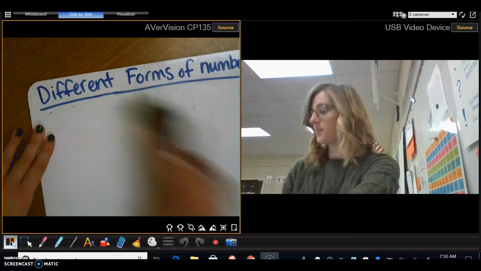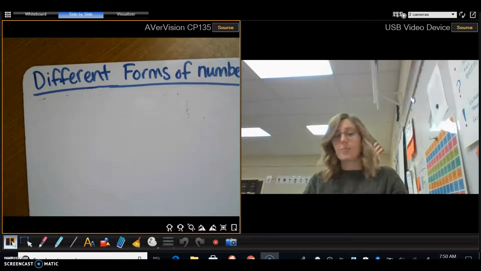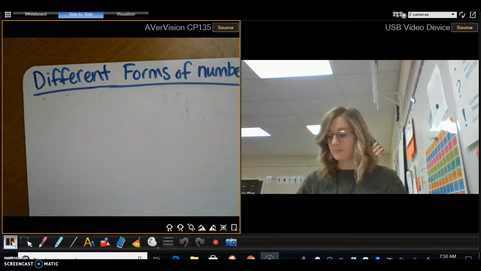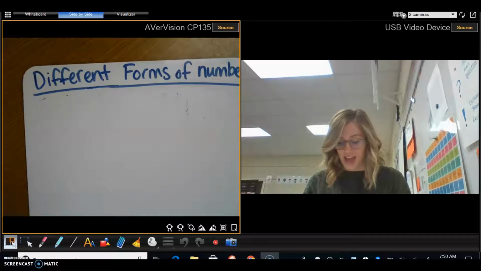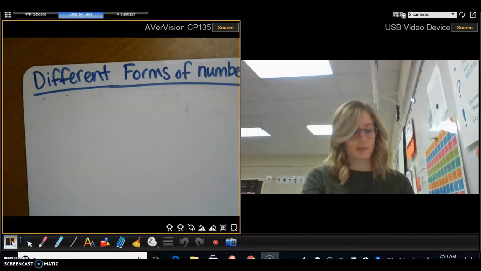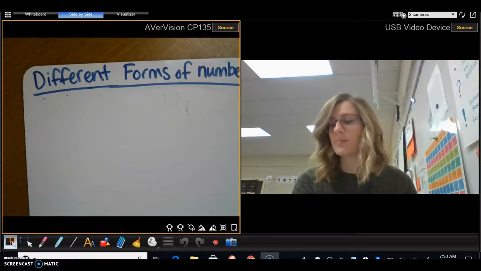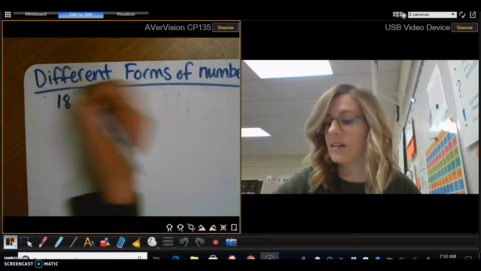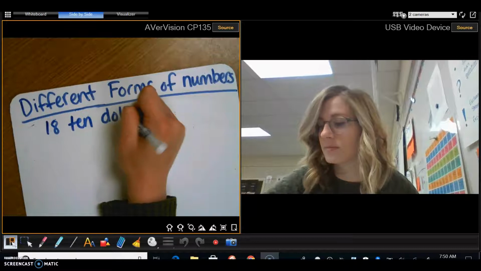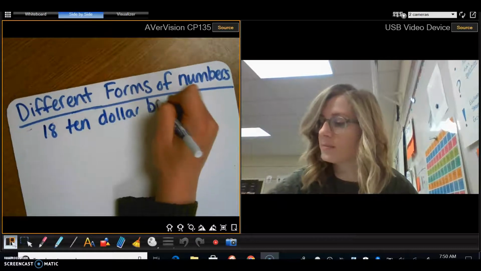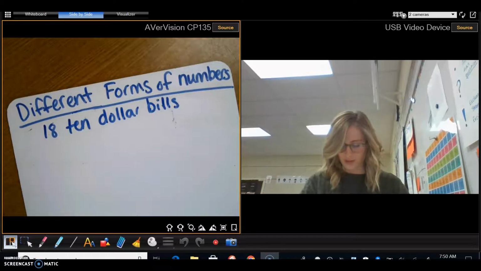Our problem says Brian counted the play money that came with his new board game. He counted 18 $10 bills. So I'm going to write this down so that we don't forget. 18 $10 bills. 4 $100 bills.